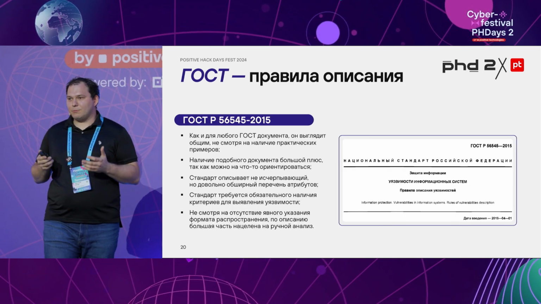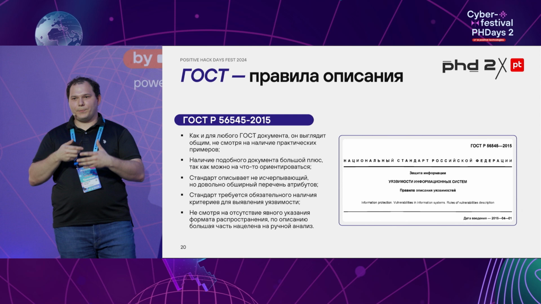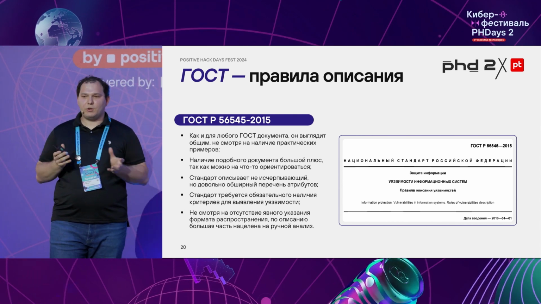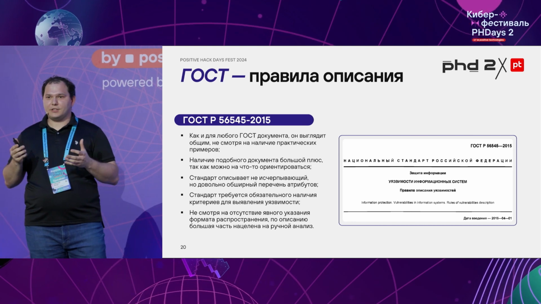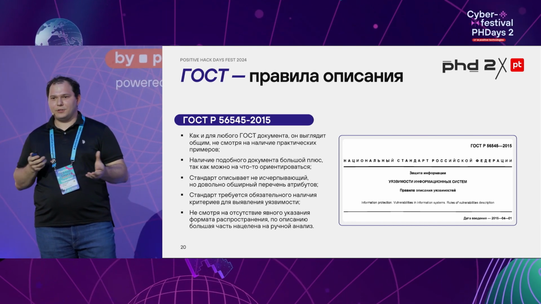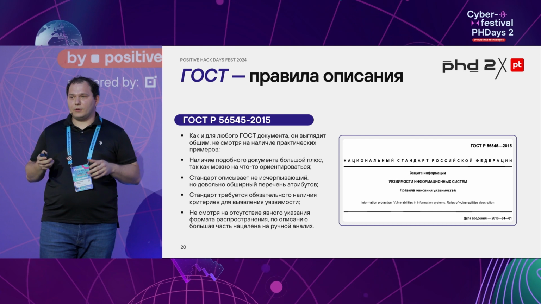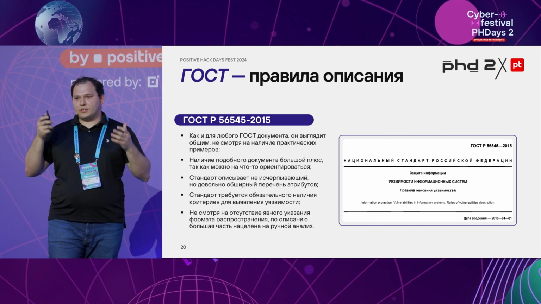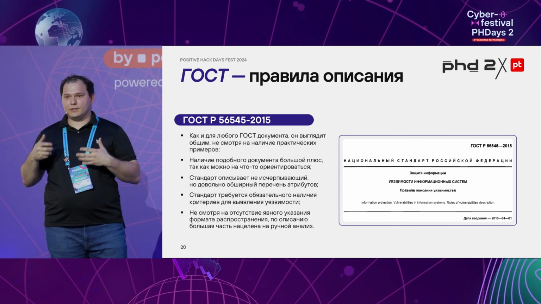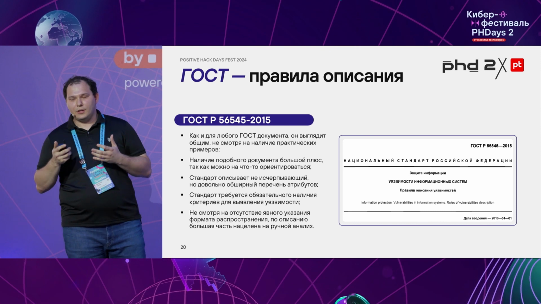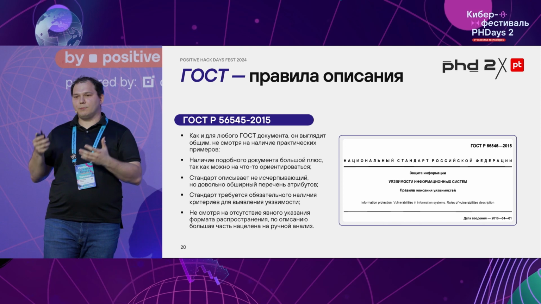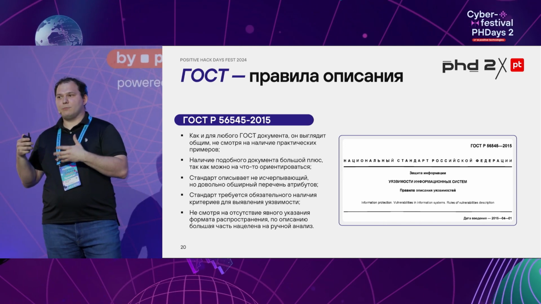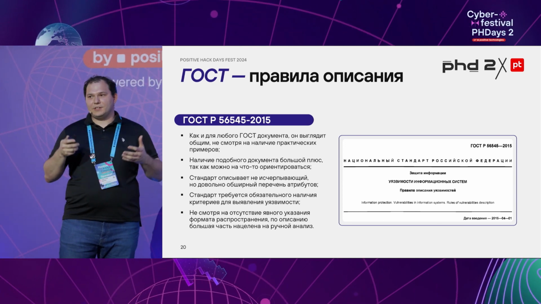Okay, the first document, just like any national standard, it is, well, let me say, quite general, though it has some practical examples, which is not typical for national standards. The good thing, it has a set of attributes which are quite good for describing vulnerabilities, but it doesn't talk about the way it should be used and how it should be automated, which is a negative.